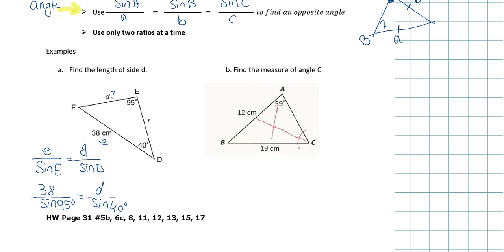So that gives you 38 times sine 40 over sine 95 equals D. What do you get? 24.5 centimeters.